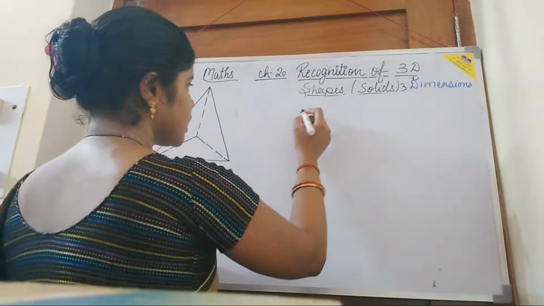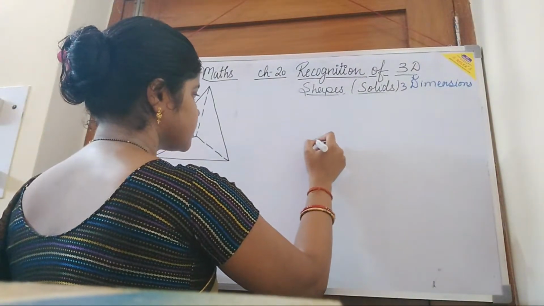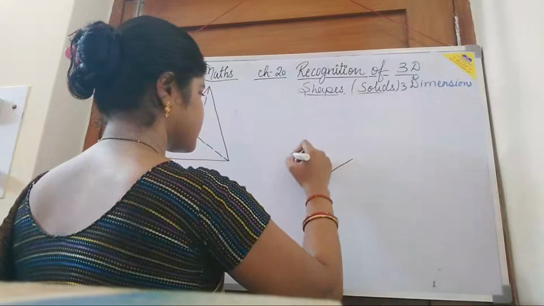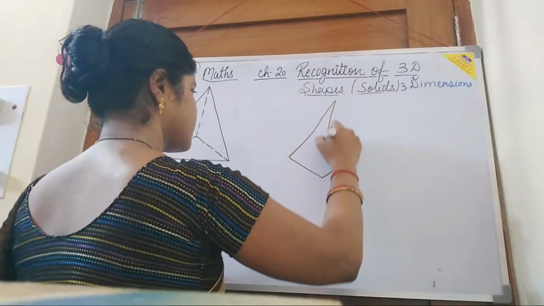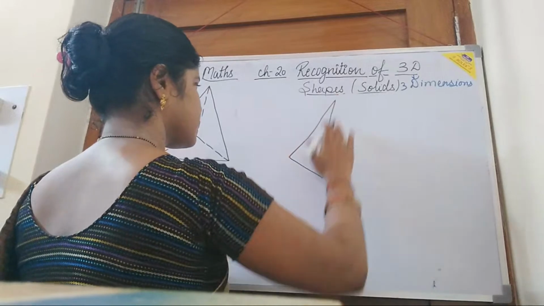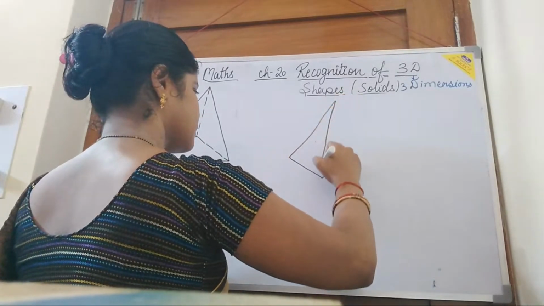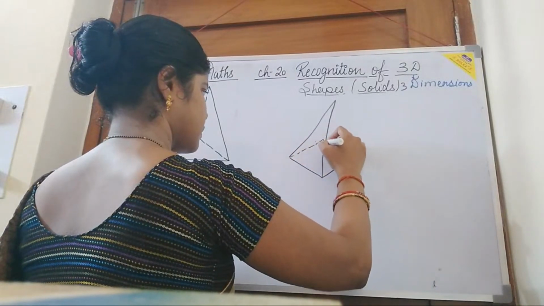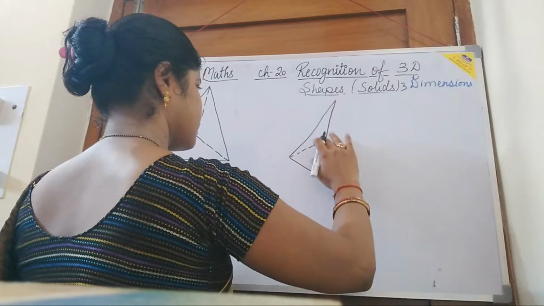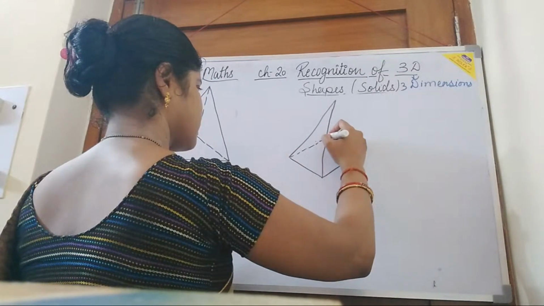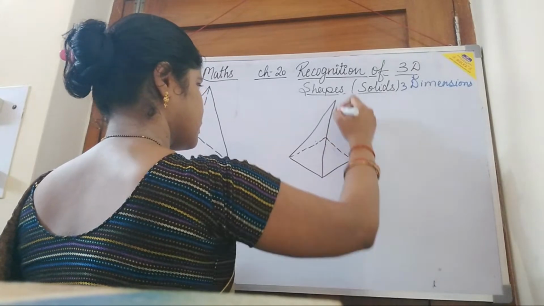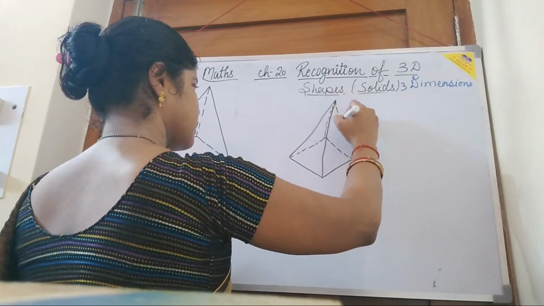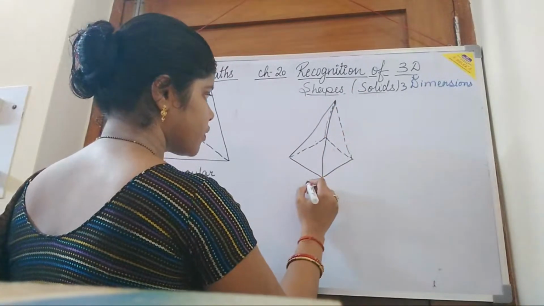Second one is a square pyramid. So this one forms a square pyramid.